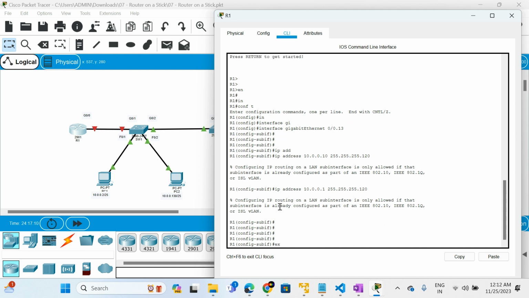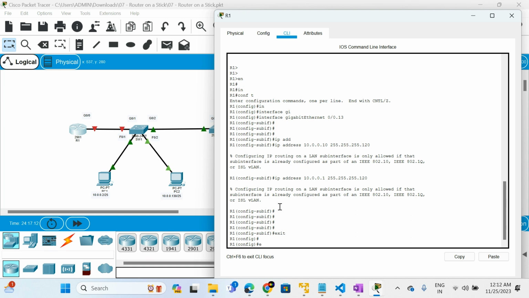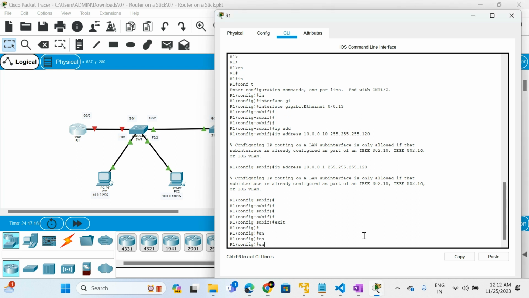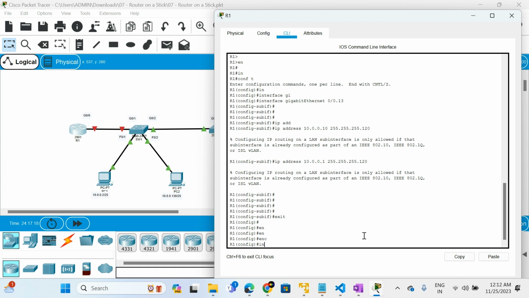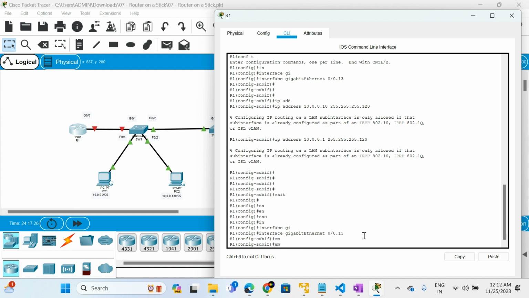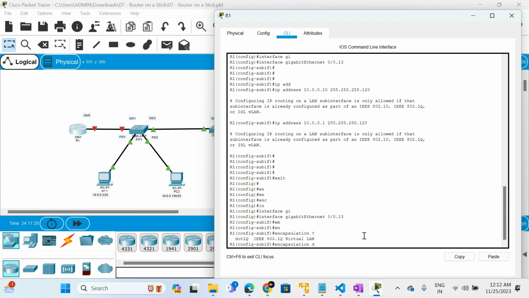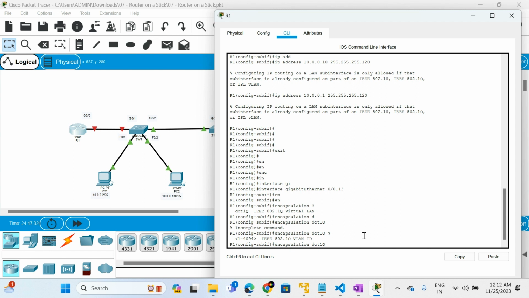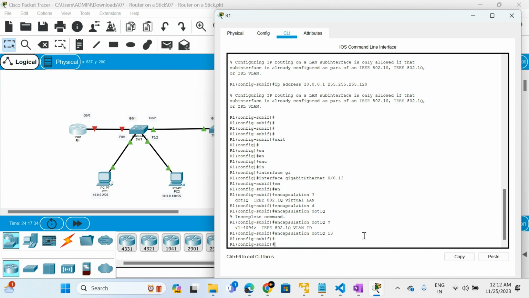I want to first enable encapsulation. That's the reason it's not allowing. So I need encapsulation dot1Q 13.